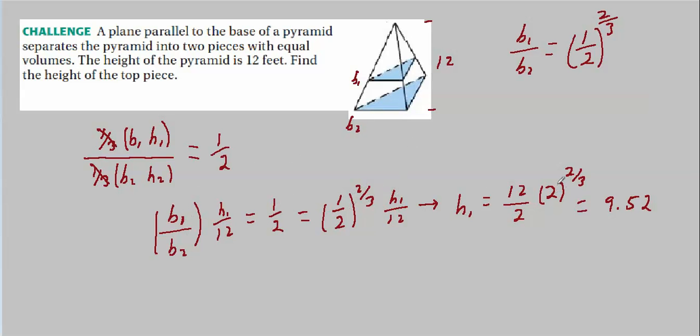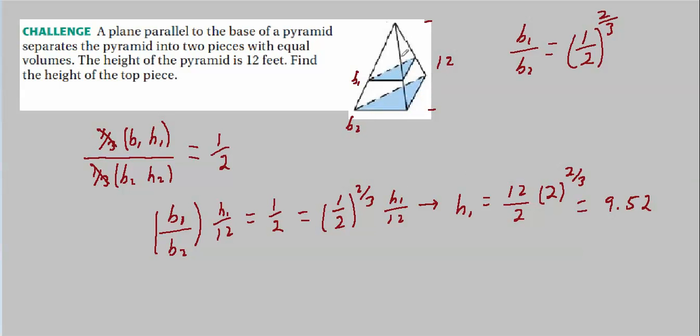Remember, this is the shorthand way of writing the cube root of this number, squared. In this case, it would be the cube root of 1/2, and then we square that cube root. And 12 over 2 is just 6 times 2 to the 2/3, which is about 1.5 something. And you end up with 9.52 for the height of this large one here.